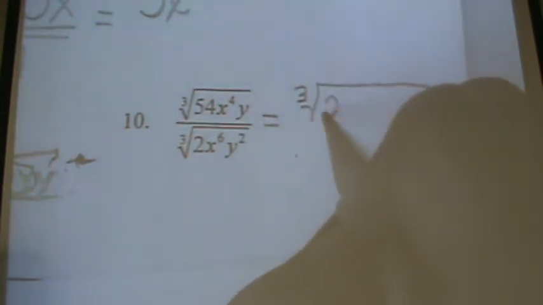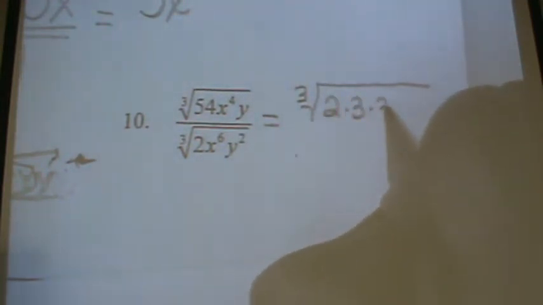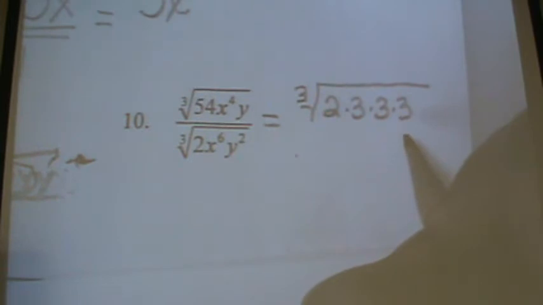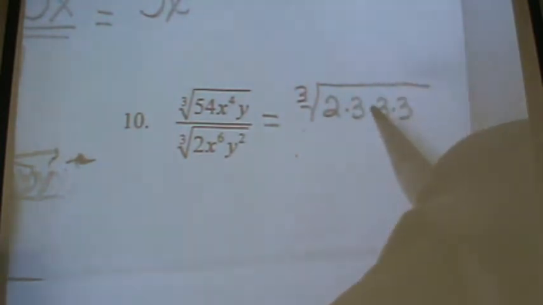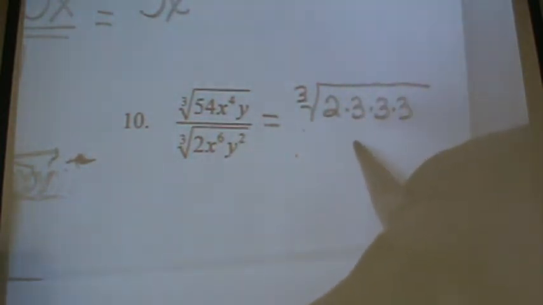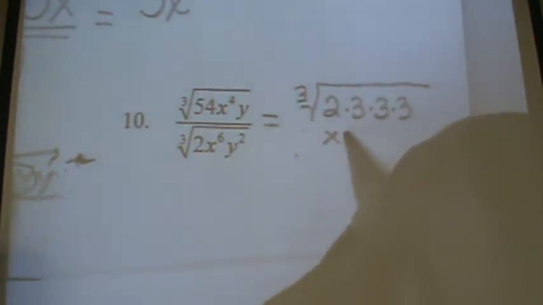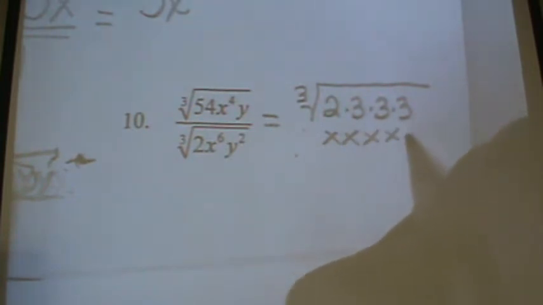So we have 54. 54 breaks up into 2 times 3 times 3 times 3. And then you have 4 x's on top, and 1 y. So I'm just going to put this all like this. That's all in the numerator.